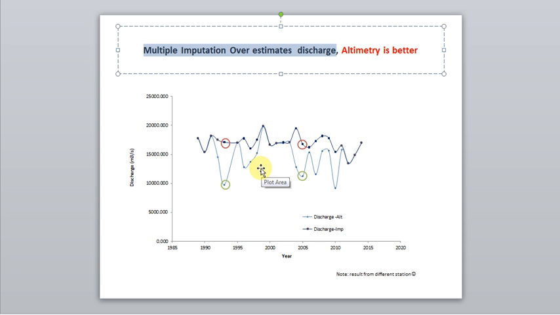So it doesn't really correspond to what the hydraulic situation was like for that time, whether there was a low flow or a high flow. This looks like a low flow, and it's actually not so low, but the simulation just overestimates, while the altimetry technique brings it back.